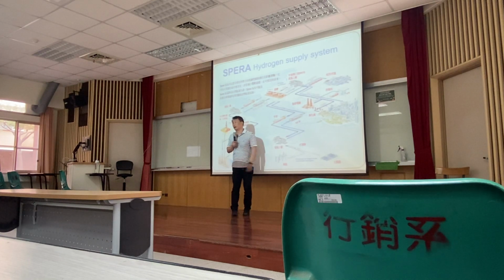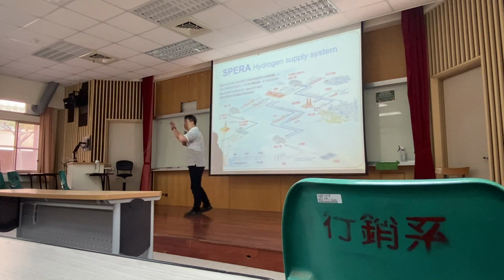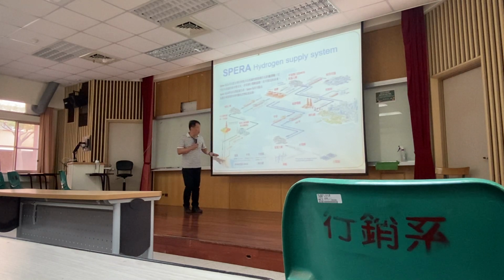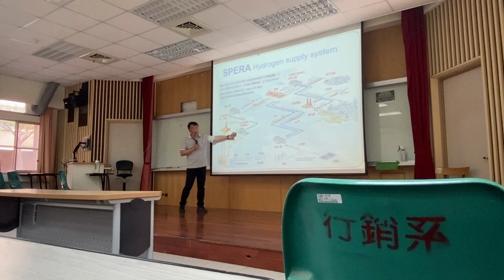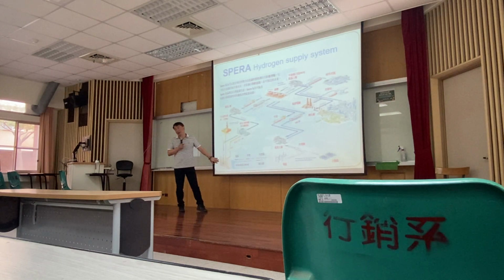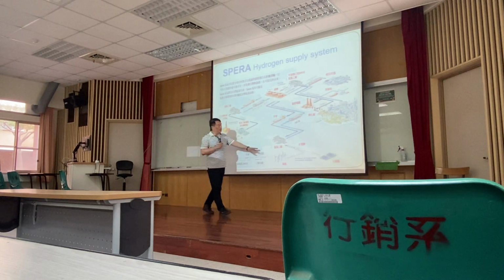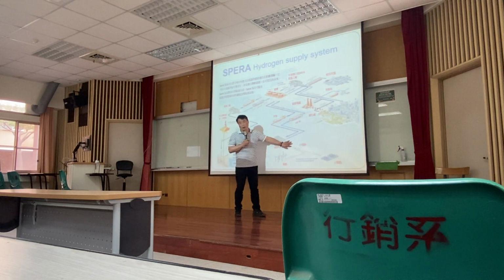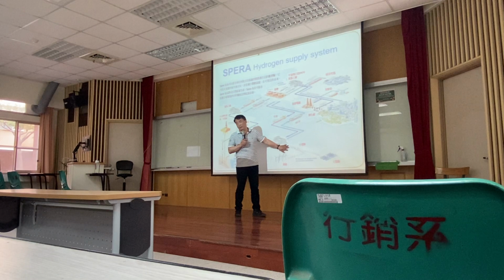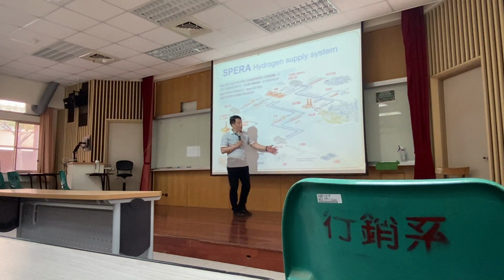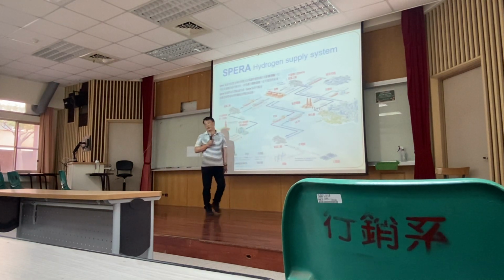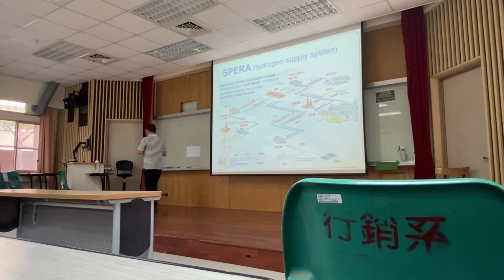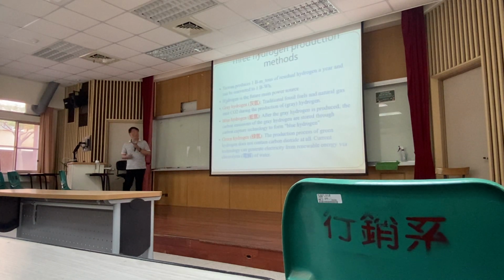So hydrogen comes from three sources: gray hydrogen, blue hydrogen when the carbon dioxide is stored, and here, without producing any carbon dioxide, this is called green hydrogen.